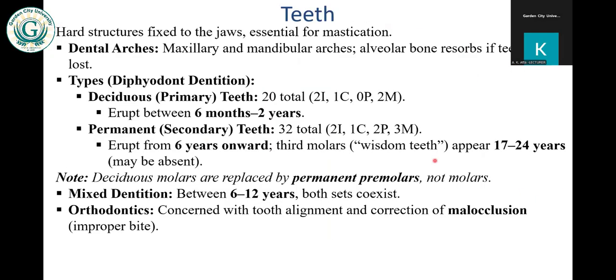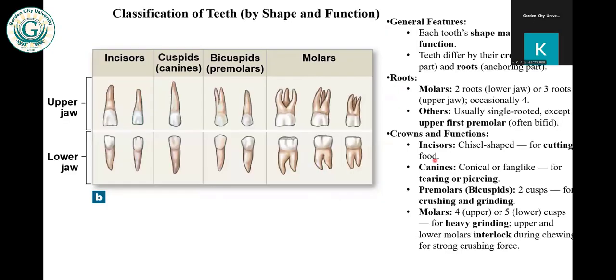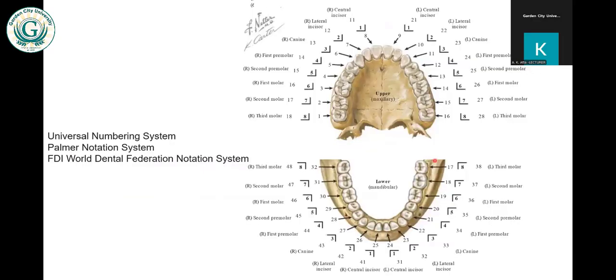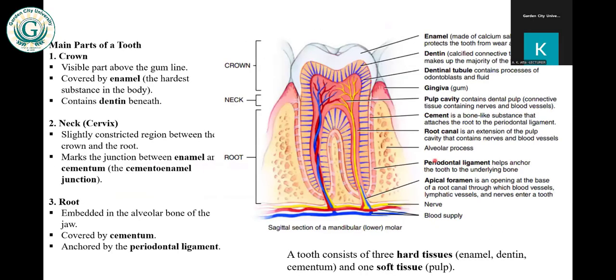We also looked at the teeth, deciduous and permanent teeth. We looked at the structure and the different types of teeth. We looked at the structure of a typical tooth, here being the mandibular molar. We talked about the crown, the bulk of the tooth being made up of the dentine, the crown being protected by the enamel, the root being protected by the cementum.